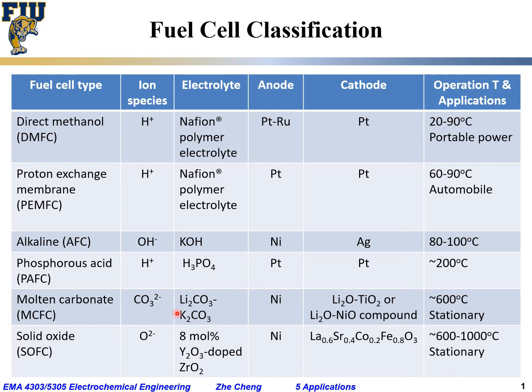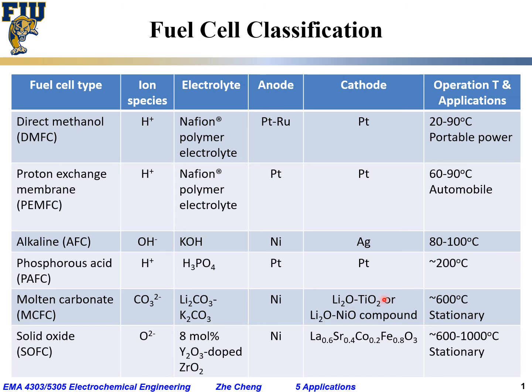The electrolyte is quite often a liquid mixture of lithium carbonate and potassium carbonate. These two form a eutectic and melt at relatively low temperature. For the anode, you can use a relatively inexpensive metal such as nickel, while the cathode could be compounds between lithium oxide and titanium dioxide, or lithium oxide and nickel oxide.